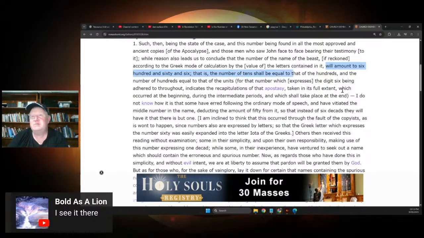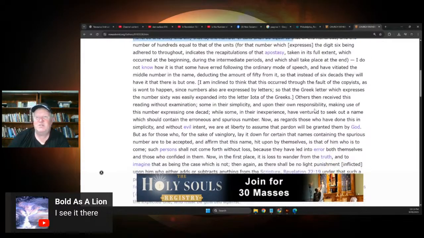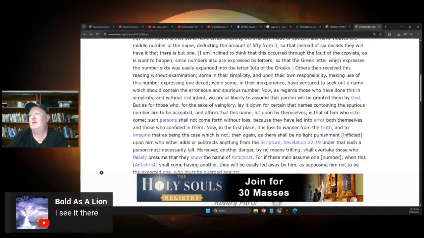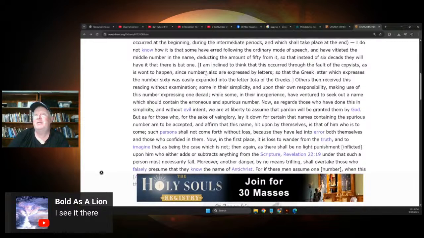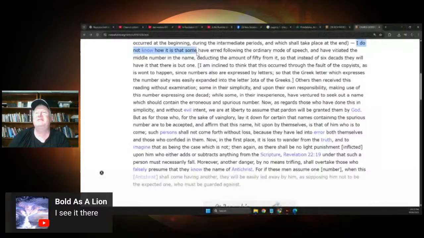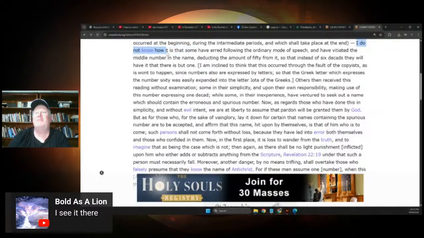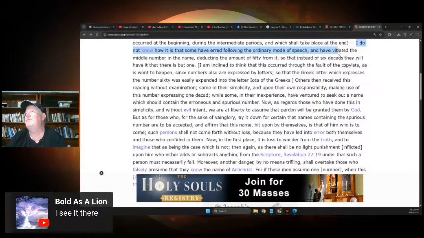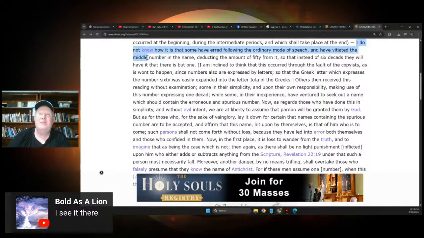But then he talks about, so I don't want to read the whole thing, but he talks about here: I do not know how it is that some have erred following the ordinary mode of speech and have vitiated the middle number in the name, deducting the amount 50 from it, so making 616.